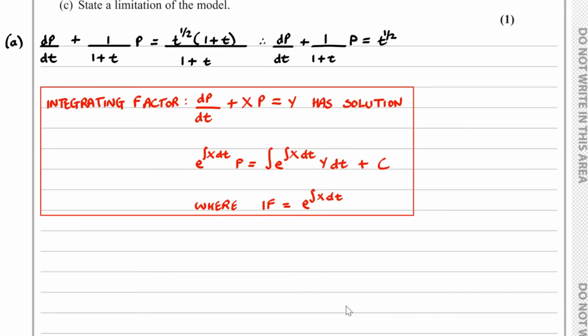And you can clearly see over here x, that's equal to 1 over 1 plus t, and y, that's equal to t to the power of 1/2.